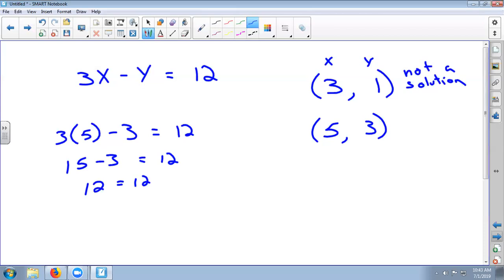Oh, (5, 3) works. That one didn't work. Okay. Right, (5, 3), that's the solution. 12 equals 12, true. Okay.